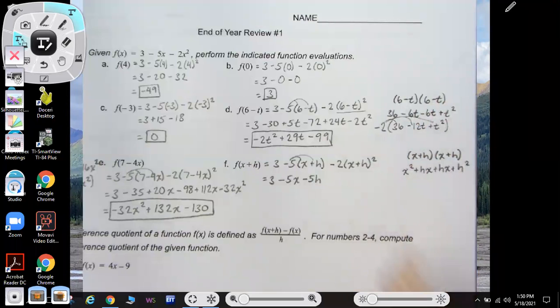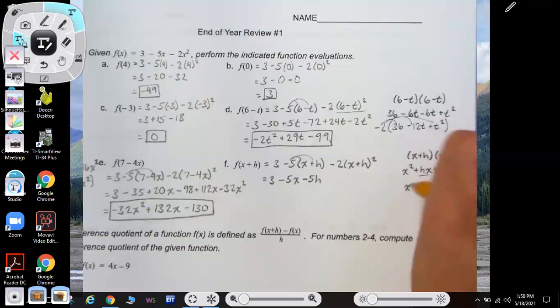Just when you write a term that has more than one variable, we usually write the variables in alphabetical order. That's also going to help you realize that these are like terms because they have the same variables and the same exponents on those variables. So when we combine like terms, we get x squared plus 2hx plus h squared.